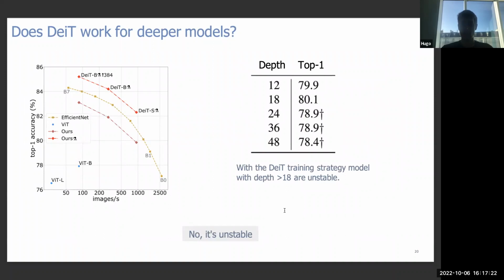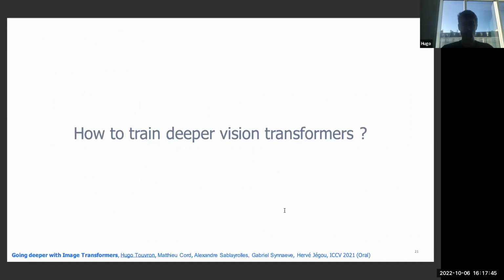But for instance, if we take a DeiT small and increase the depth from 12 layers to 24 layers, we have some instability. So the models diverge and we don't have very good performance. So it's not possible to train a deeper architecture with the DeiT training strategy. It's unstable. So we try to answer the question: how to train deeper vision transformers?